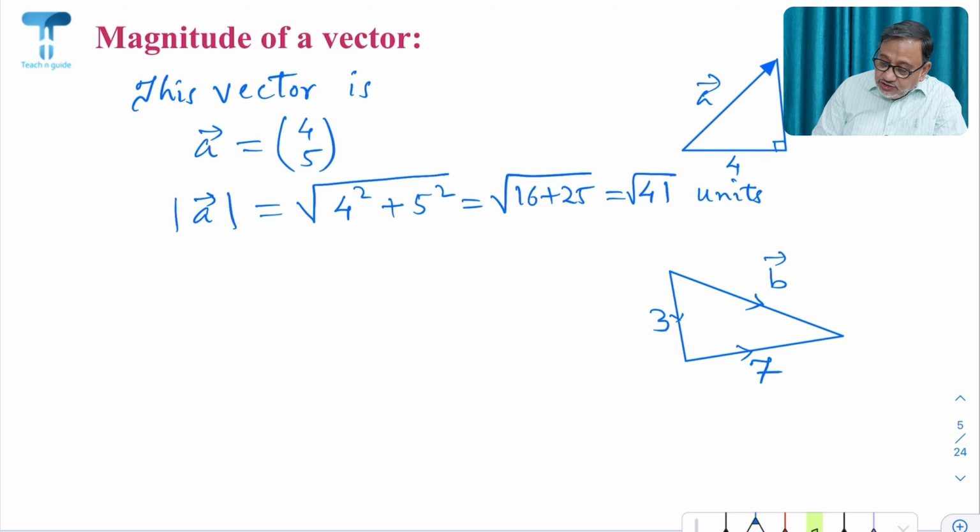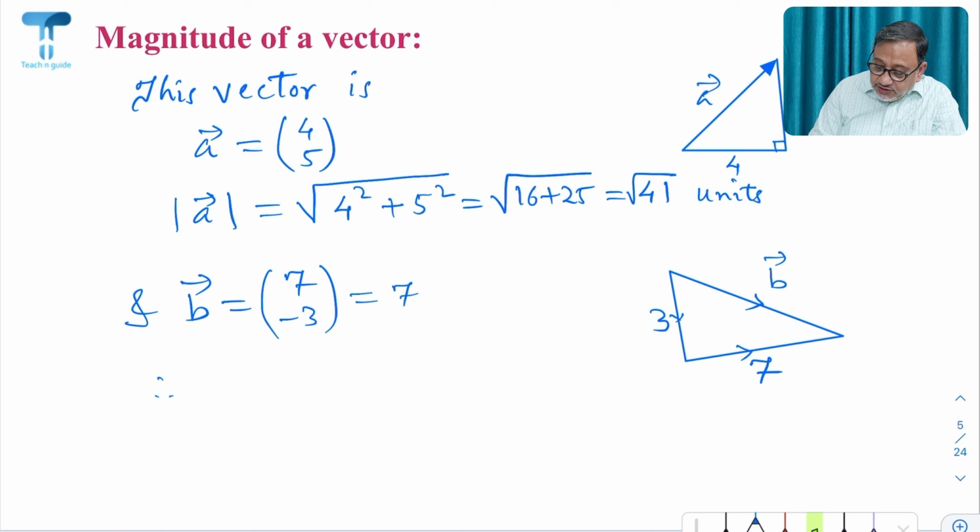So this vector B I can write as 7. 7 is in the direction of x-axis, look here, and j is negative 3. And if you want to write it in the unit vector form, it will be 7i minus 3j.